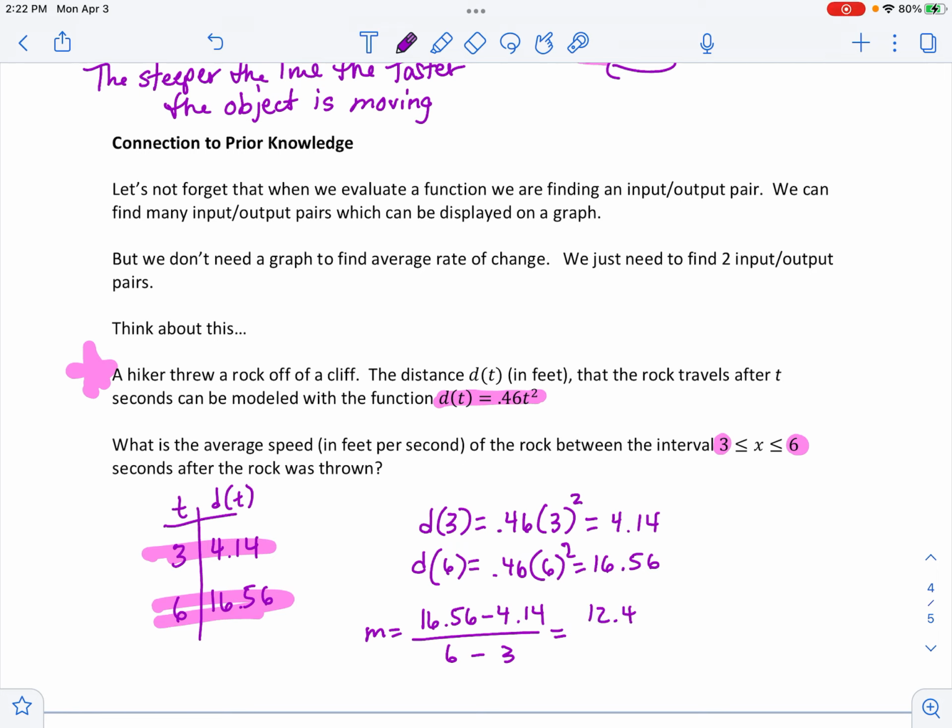We get 12.42 divided by 3, which comes out to 4.14. Let's think about the units here. We have feet and we have seconds, so this would be feet per second. That means this rock, between 3 and 6 seconds after it was thrown, is traveling at an average speed of 4.14 feet per second.